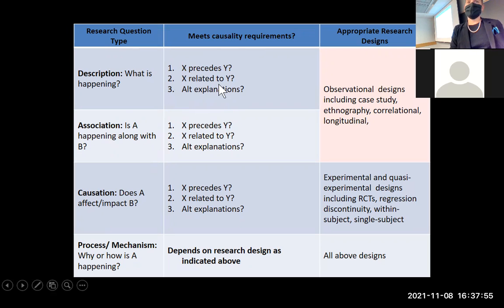Does it precede it? Is it related? Are there alternative explanations? And then here are appropriate research designs for this particular type of question. So if you are looking at these things, this is a little guide that you can use to follow along.